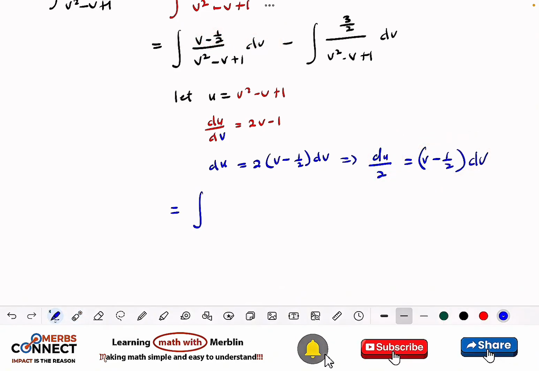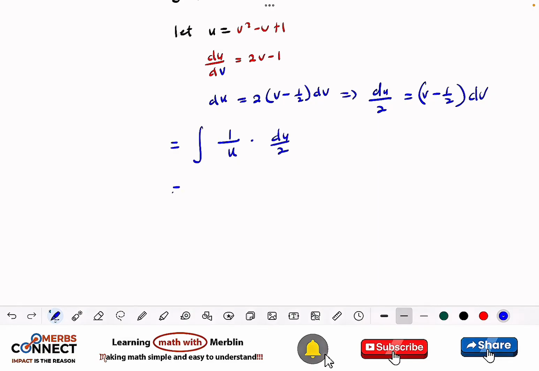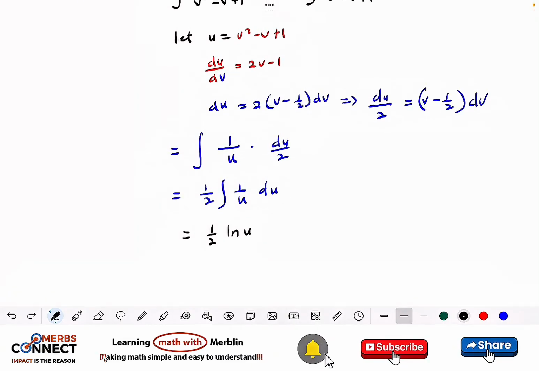So I'm going to have 1 divided by u times du over 2. This is a skill set. So 1 over 2, 1 over u du, and then this is going to give us 1 over 2 natural log of u. So still we are not done with the integration.